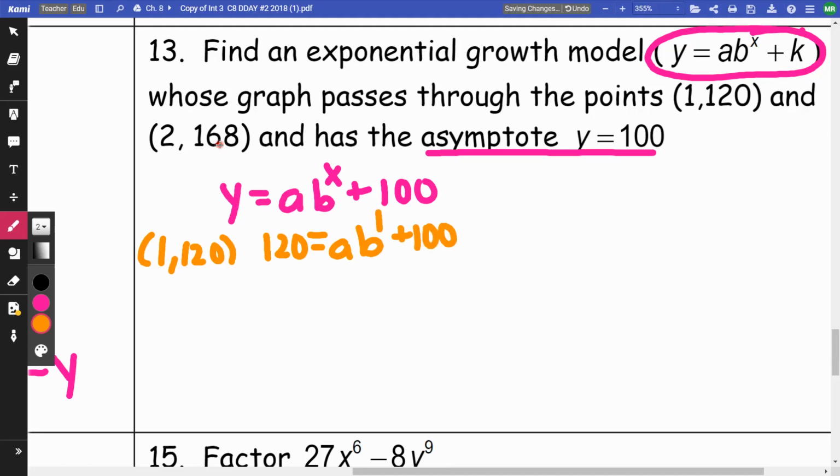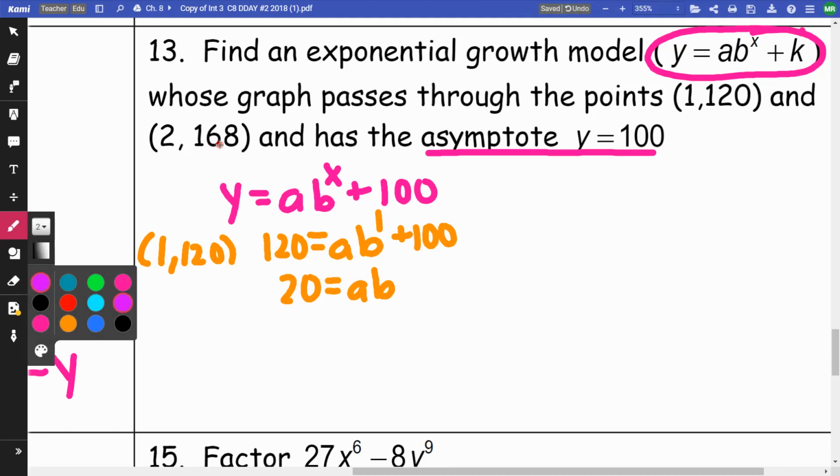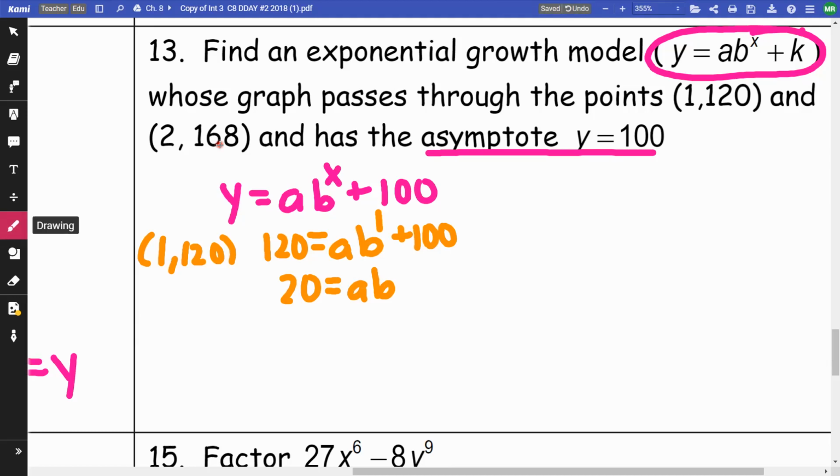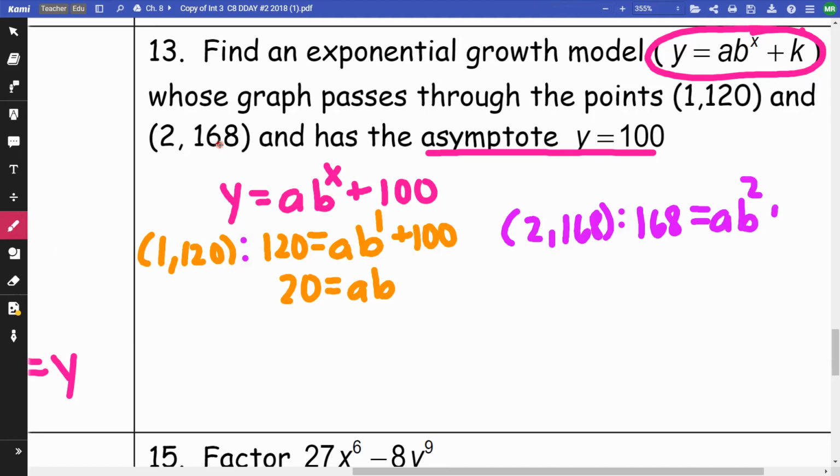I'm going to clean that up and subtract 100 from both sides, so I get 20 is equal to basically ab. I'll deal with this in a second. Okay, so let's do it for the other point, which is 2, 168. So I'm going to have 168 is equal to a times b to the second plus 100. I'm going to minus 100.